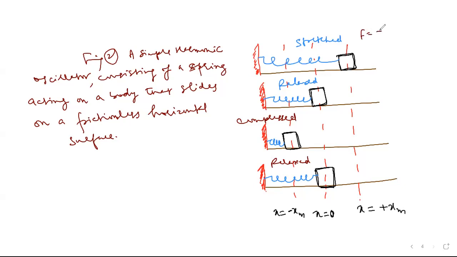F is minus k xm. Acceleration is minus am. V is 0. Force is pointing this way. Here F is 0, A is 0, V is minus Vm.